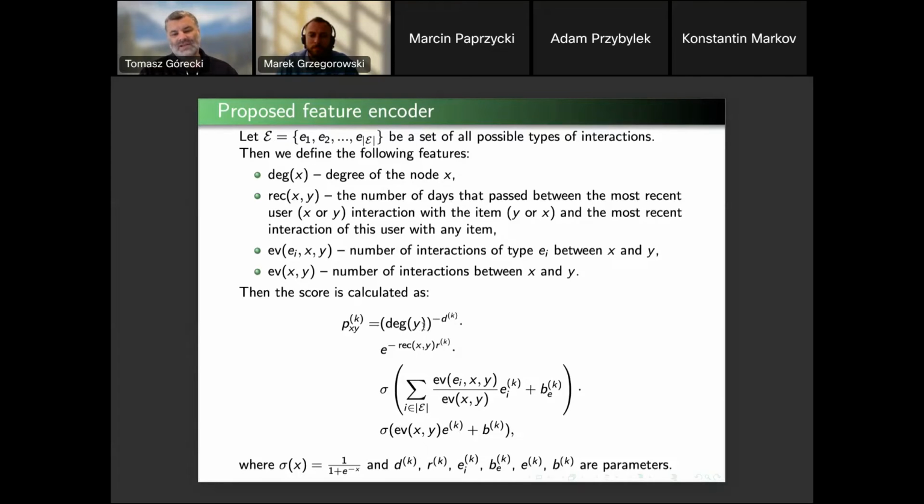So we're taking degree, which is very important here, a simple idea. And here is the idea similar to logistic regression. For each layer, for each k, we could have different values of parameters.